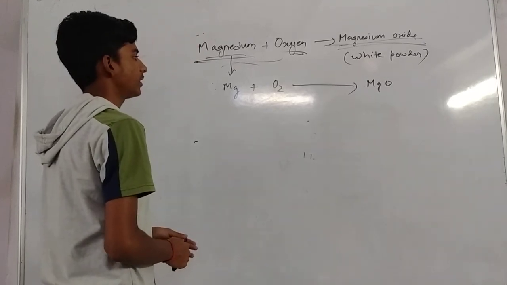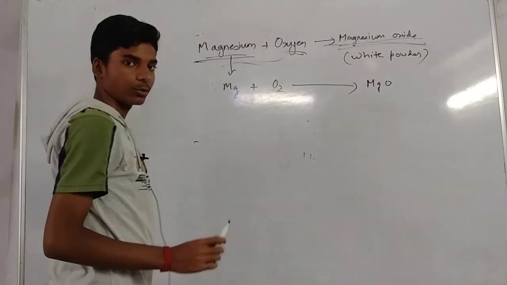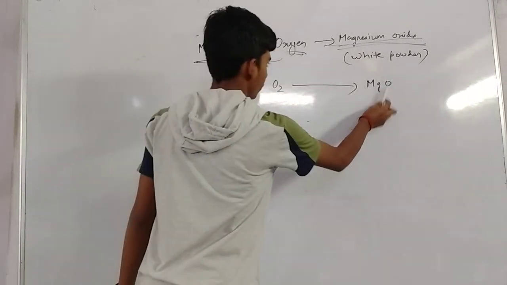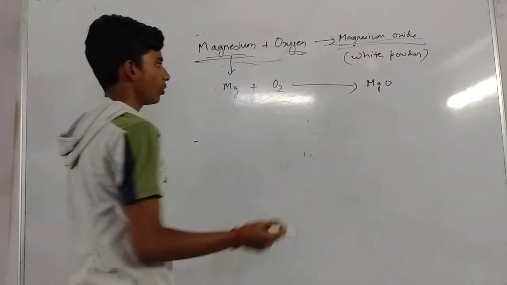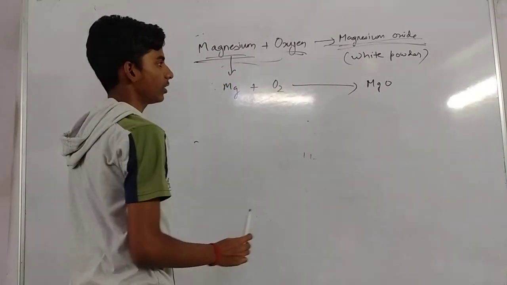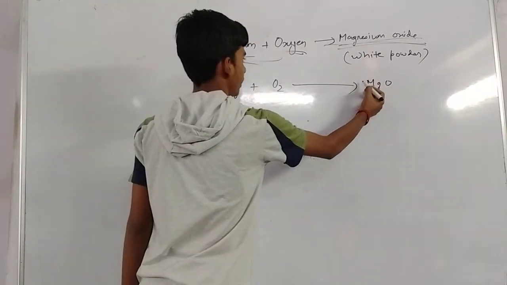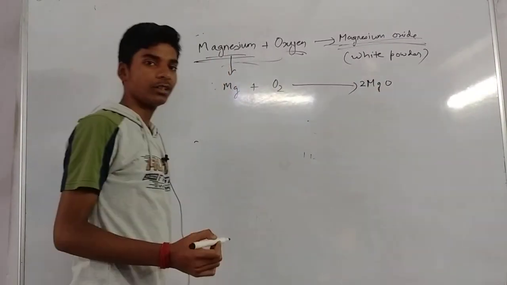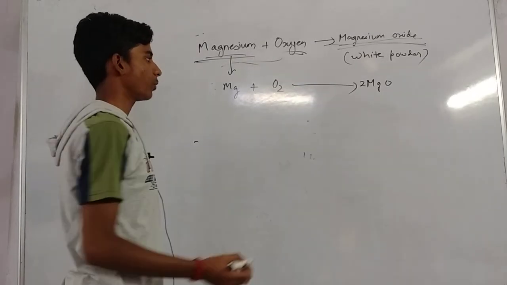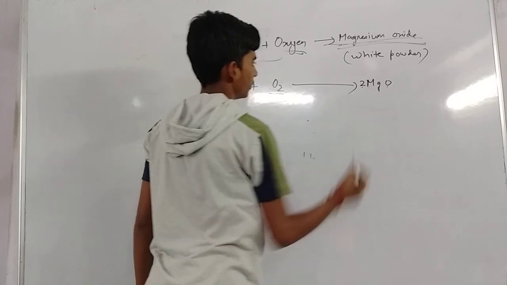To balance it, we can see that here there are 2 atoms of oxygen, here only 1 atom of oxygen. Here the number of oxygen is more, here it is less, so we will put a coefficient of 2 here. Now we can see 2 oxygen and 2 oxygen, it's balanced.